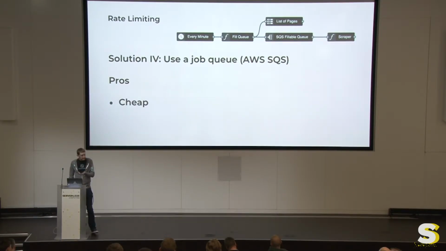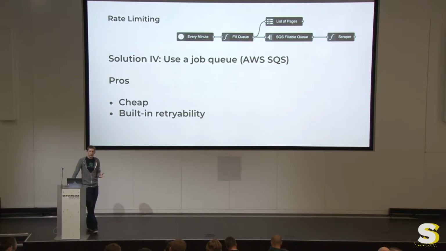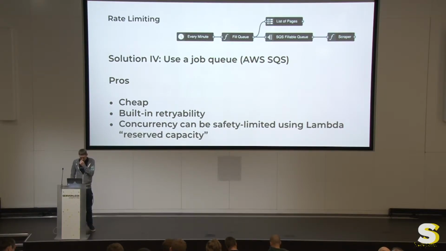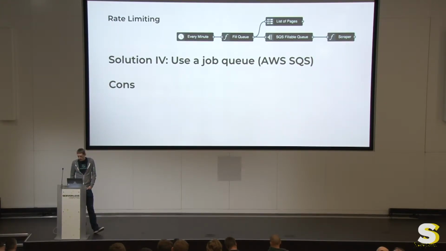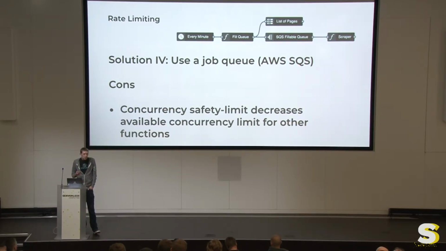So on the plus side, we finally have a cheap model that works. We've got the ability to have retries built into the model. And concurrency, as I mentioned, can be safety limited using this reserved concurrency concept. On the downside, and the only real downside, is the concurrency safety limit. In the case of AWS Lambda, you start out with 1,000 functions that you can run at one time.